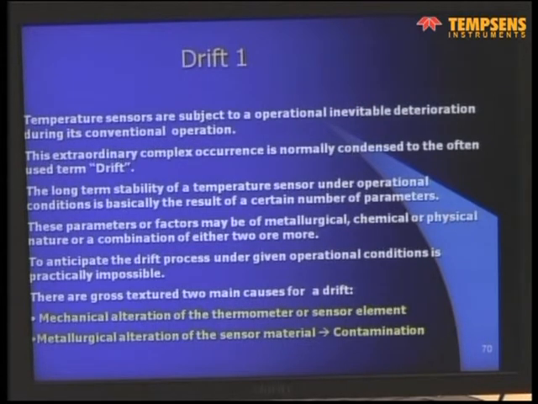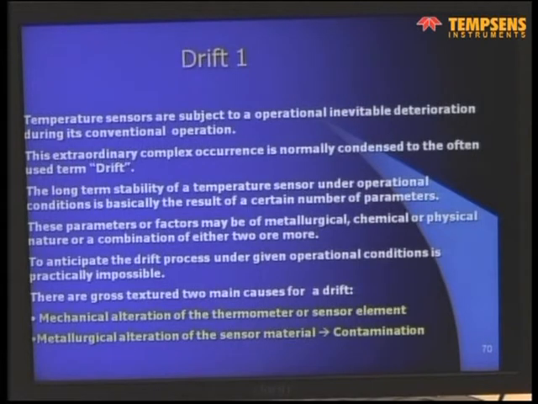The higher the temperature and the longer the time, the more the drift or deterioration of the sensor increases. Anyway, it is unaffected whether it is an RTD or a thermocouple. It's the same for both.